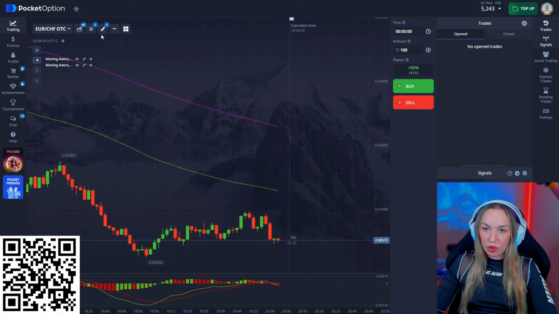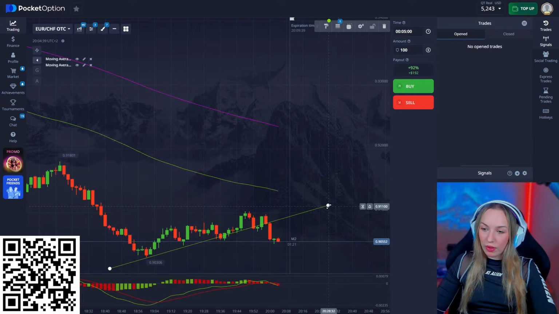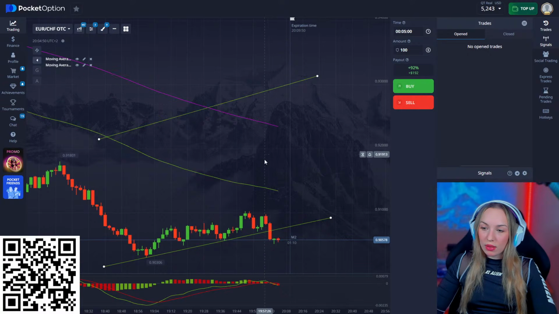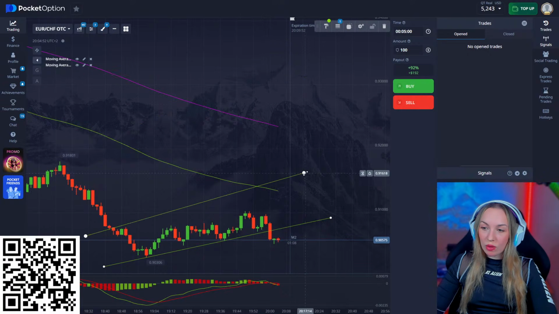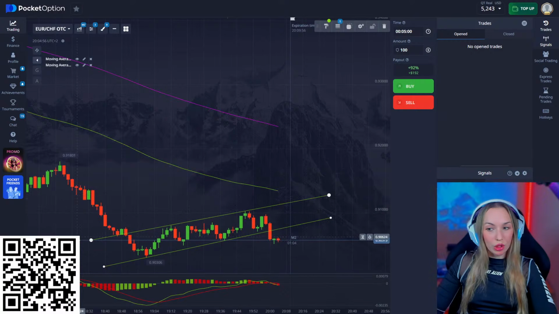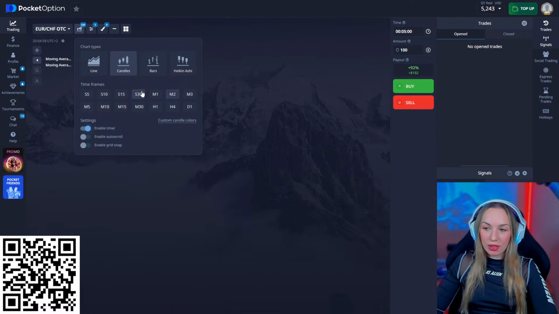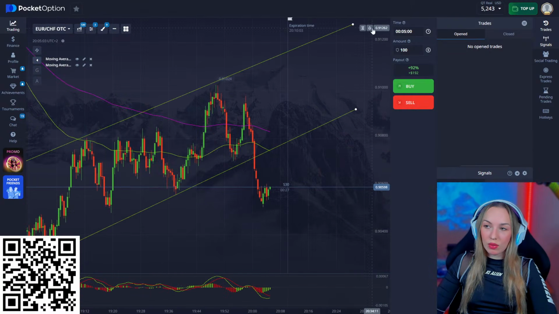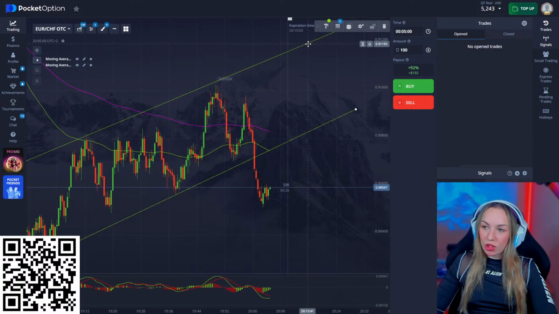Though maybe on 2 minutes I can draw a very small upward channel, which our price actually broke through this support, as you can see. But maybe it's a false break and our price will return back to this upward channel, just like that. Here we can see it better, but it's a very small channel, I would say.